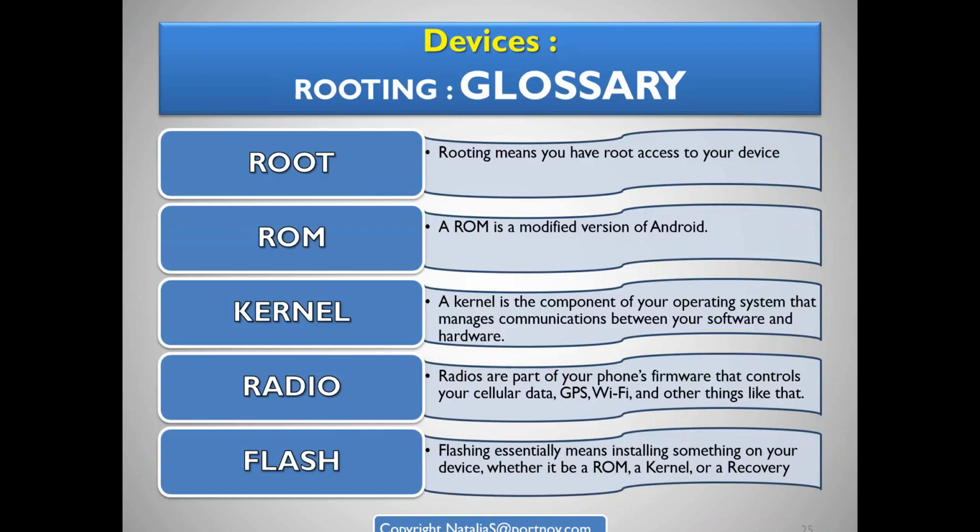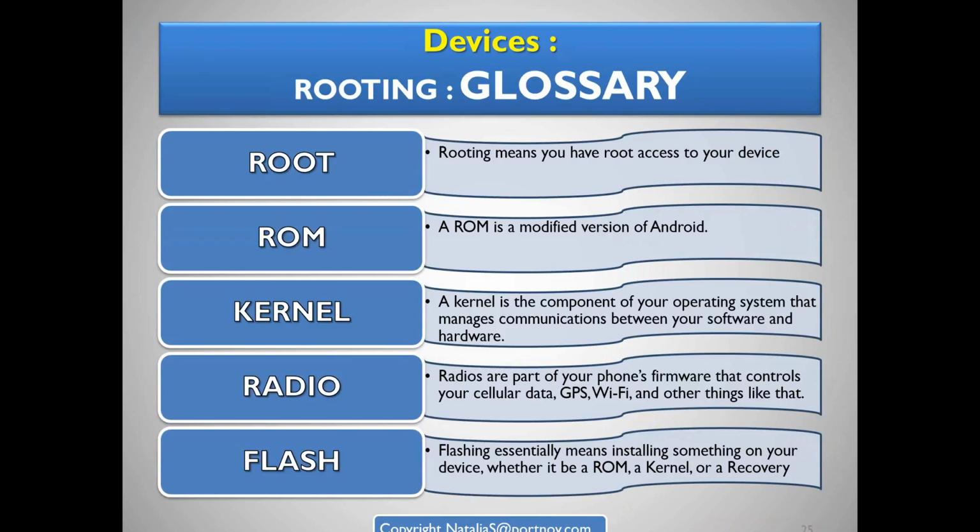So what is root? Rooting means you have root access to your device. You can root either by installing the superuser application or by flashing a custom ROM that includes root access. Then we have a ROM. A ROM is a modified version of Android.